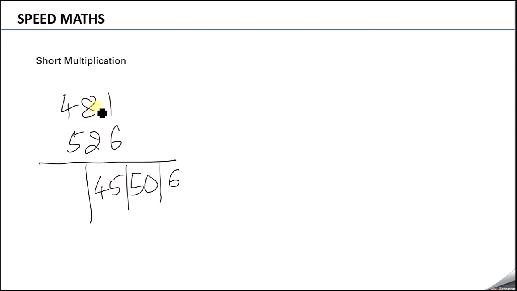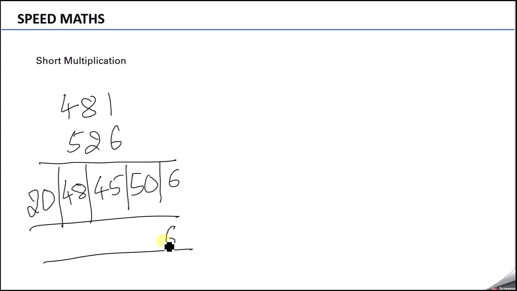Now we will move from right to left, that is your 4 into 2, 8, plus 8 into 5, 40. 40 plus 8 is 48, and then the last one is 5 fours are 20. Done, that's it. Now we just need to add, which is 6, 0, 55, 48 plus 5, 53, and 25.